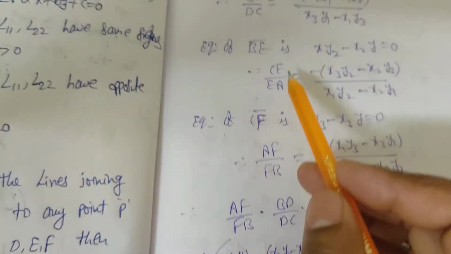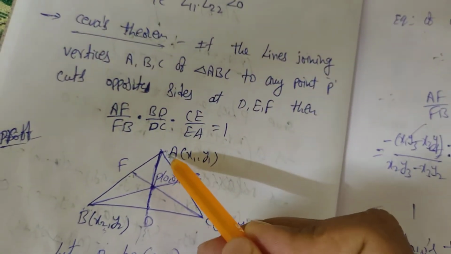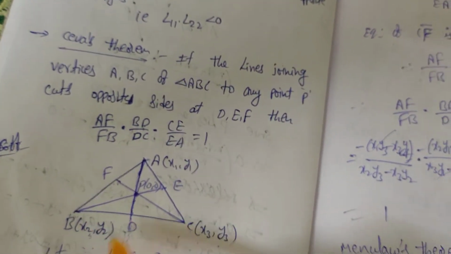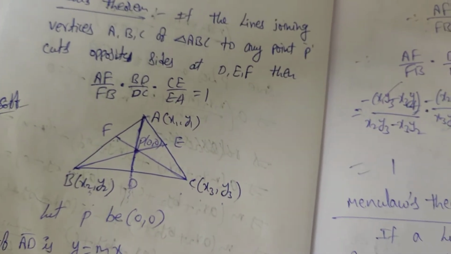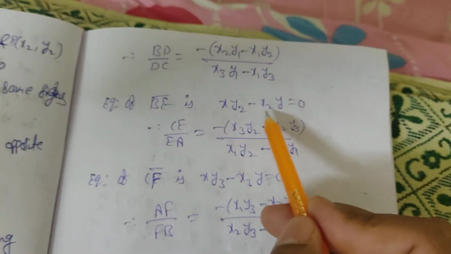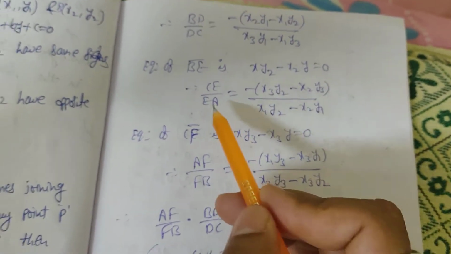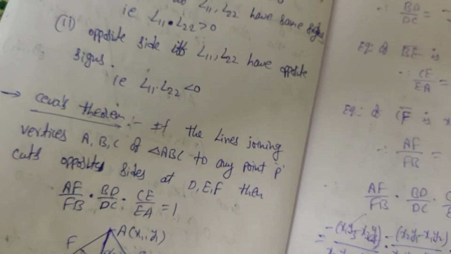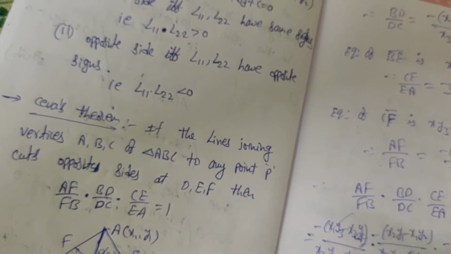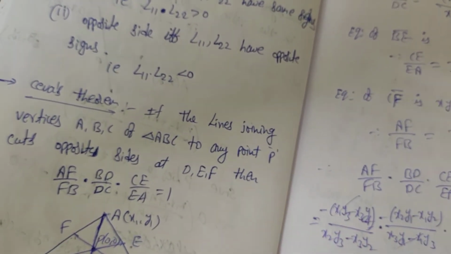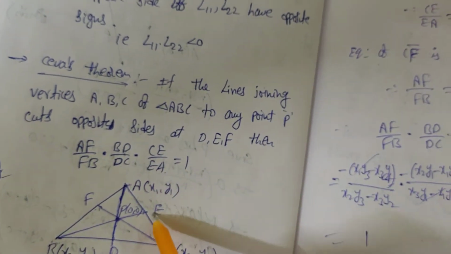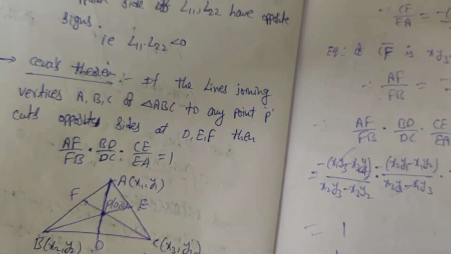Next, the equation of BE is similar. If it is passing through x1 y1, we have x y1 minus y x1. If it is passing through x2 y2, we have x y2 minus y x2. So x y2 minus y x2 is equal to 0. Then this BE divides AC in the ratio minus L11 is to L22. Here first take our ratio in the form of CE by EA. So first take CE, which means first substitute x3 y3.